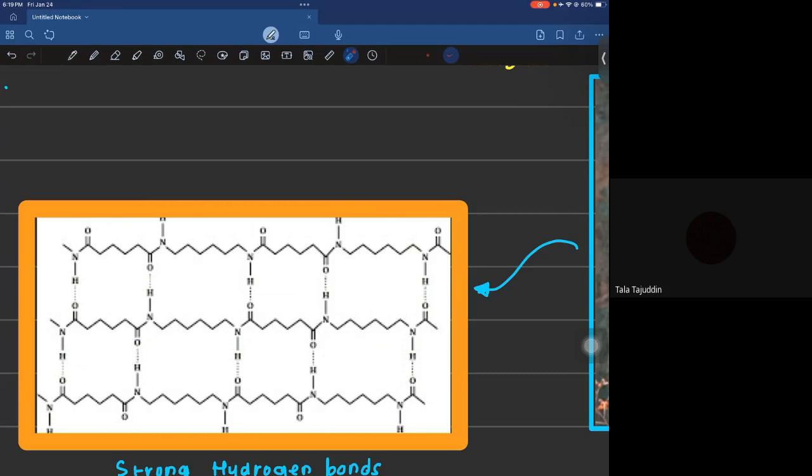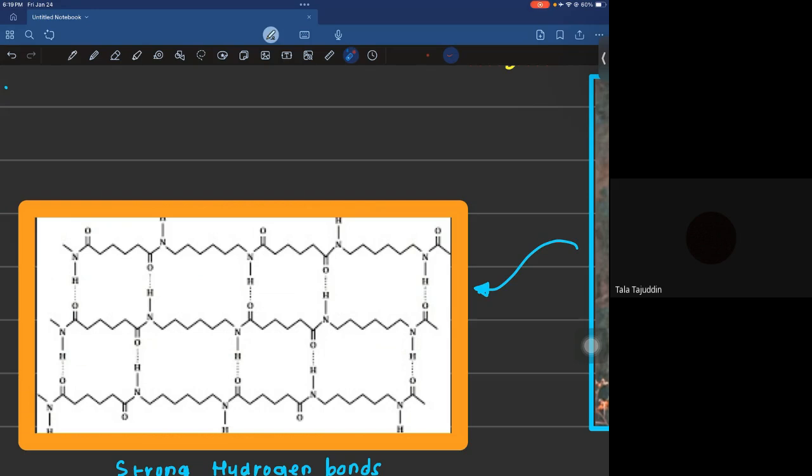Due to the presence of very strong hydrogen bonds. Hopefully, you know that hydrogen bonding is a very strong intermolecular force. Three types of intermolecular forces we have discussed. The first one was van der Waals force, also known as London force, or dispersion force, or induced dipole force. The second was permanent dipole, and the third was hydrogen bond.